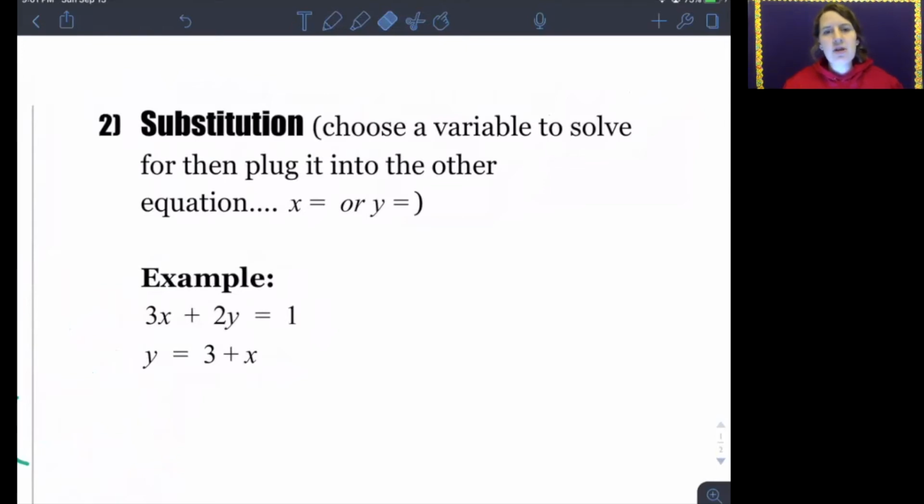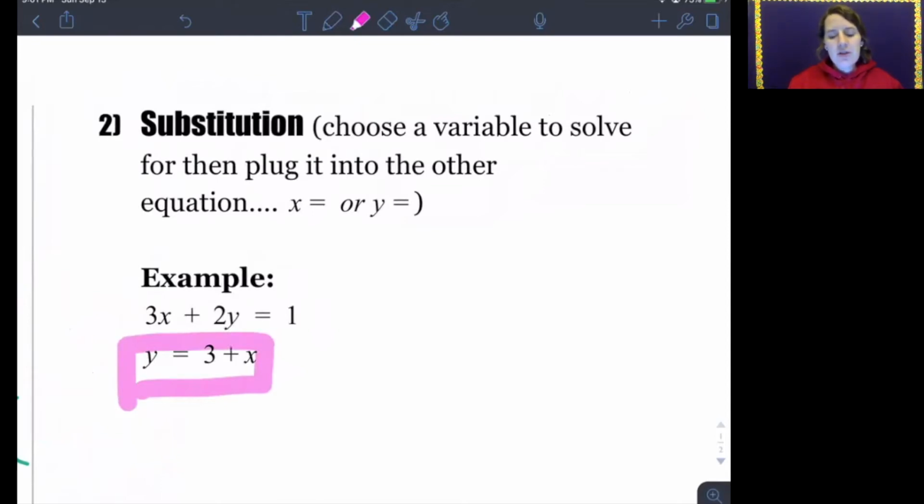For substitution, we want to choose a variable to get by itself in one of our equations. We want to have one of the equations in either x equals or y equals form. It doesn't matter. For this example, the bottom equation is already in isolated form, meaning we have the y all alone.